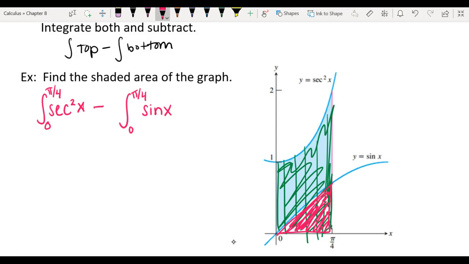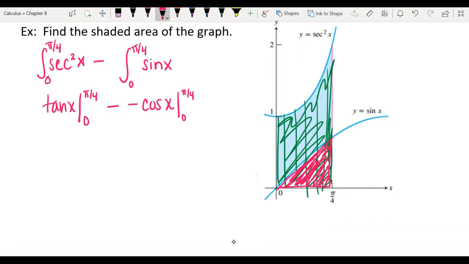If you integrate secant squared, you get tan of x, correct? So I'm doing tan of x from pi over 4 to 0 minus, if you integrate sine of x, that's negative cosine of x, correct? And again, you're going from pi over 4 to 0.